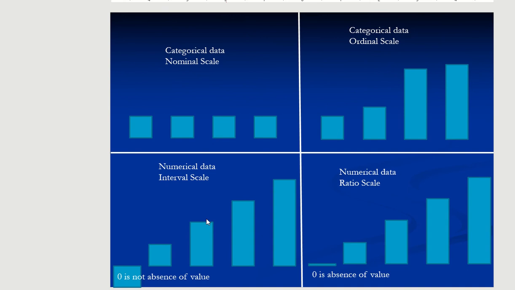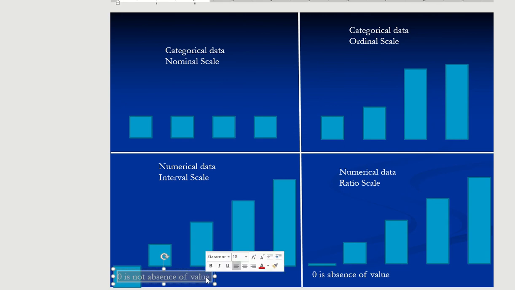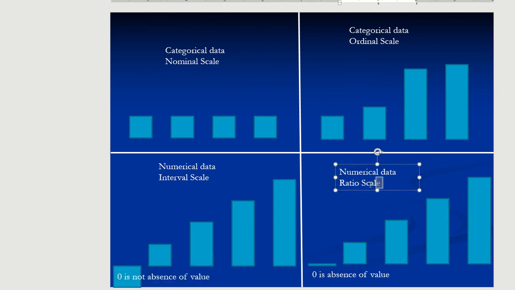However, the difference between interval and the other one, which we call ratio, is that the interval scale does not have a real zero, whereas the ratio scale has a real zero. The example I always use is temperature. When you're dealing with temperature in Celsius, if you have a temperature of 0 Celsius, okay, it is not a real zero. What I mean by real zero is absence of value.